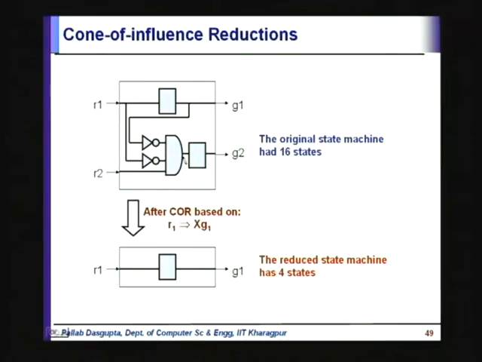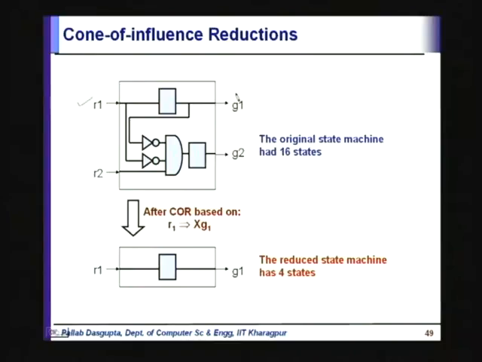Now what we do is that we take each of these signals and we try to see whether they are in the cone of influence of these signals. So, does R1 affect this property? Yes. So, R1 stays. Does G1 affect this property?